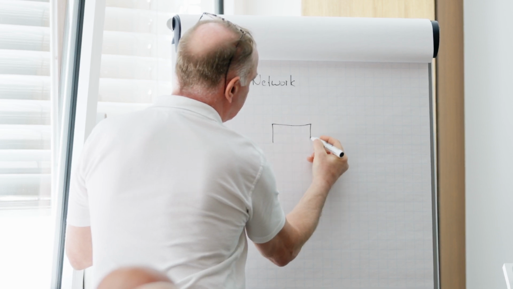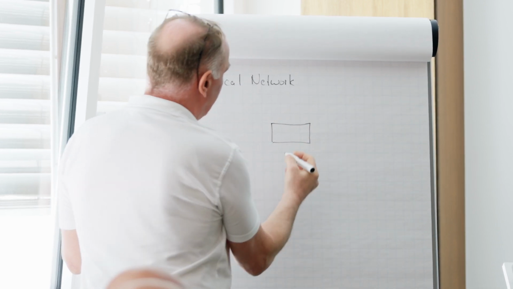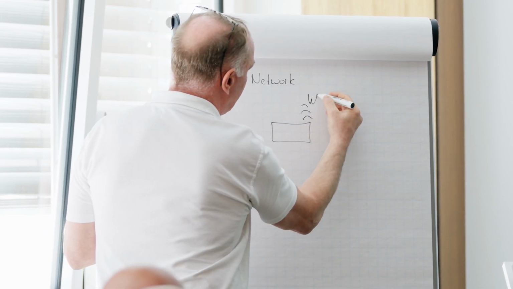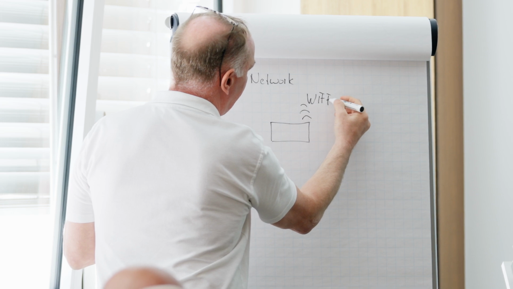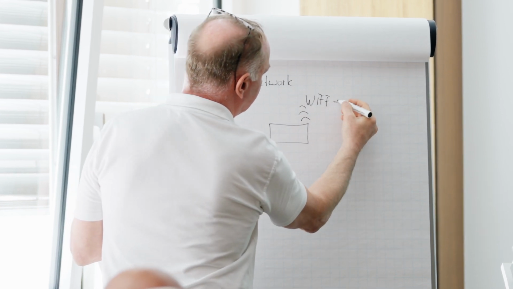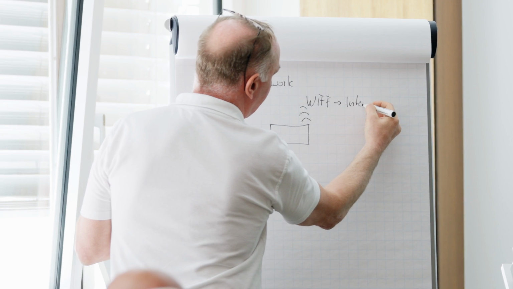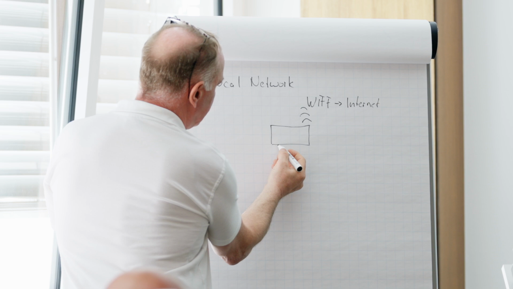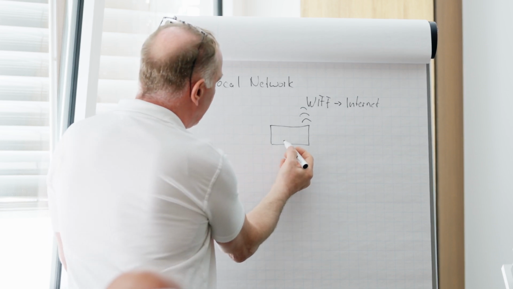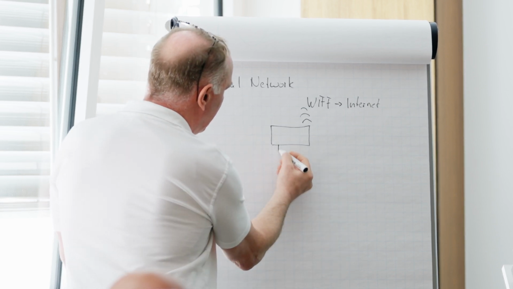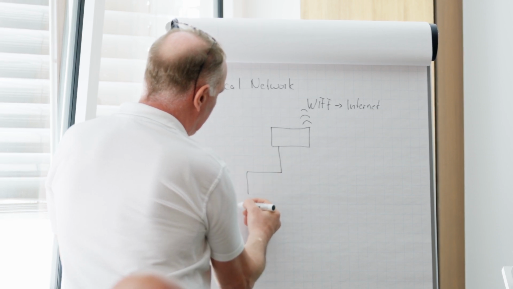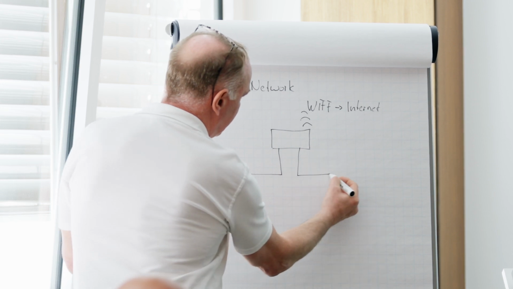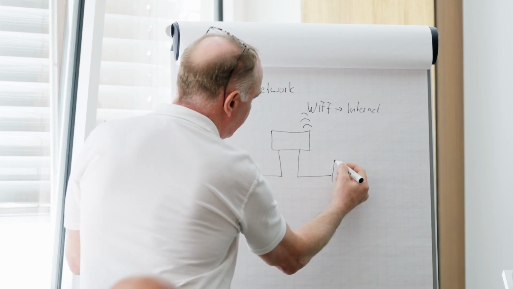This is the Fritz box over there, and it is connected per Wi-Fi to the internet. Below that router we have our own network. I've connected my PC and the LAN gateway.